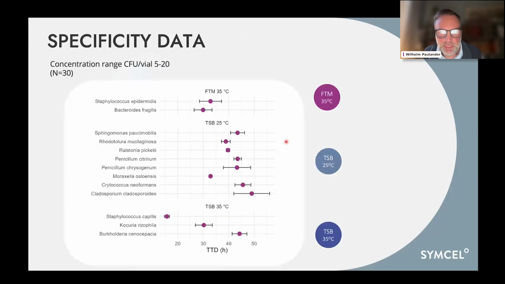If you look at the specificity data, it's divided into 3 different temperatures. Some of the organisms you might be expecting in FDM would maybe rather be in TSP 35 or 25, for instance. Or there might be something that you usually grow in TSP 25, but we have it in TSP 35. In most cases, if they grow in FDM, and the standard also grows in TSP 25 and 35, they will grow in our system as well.